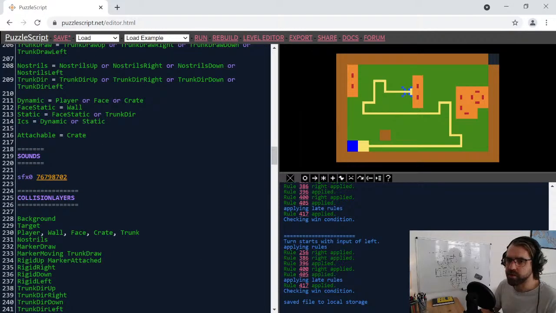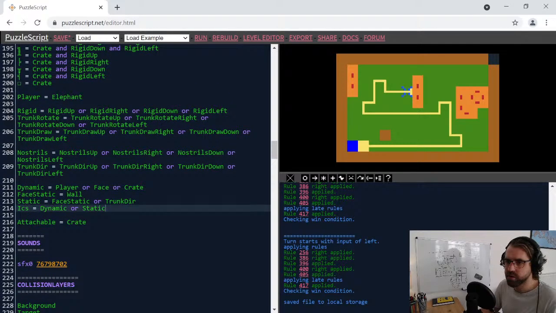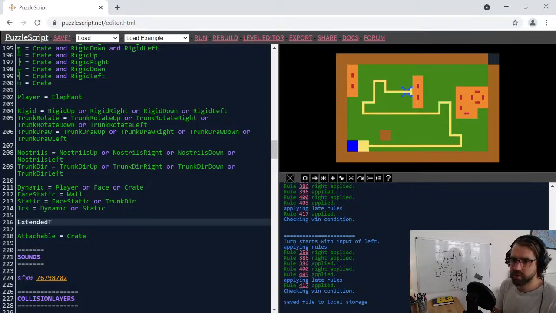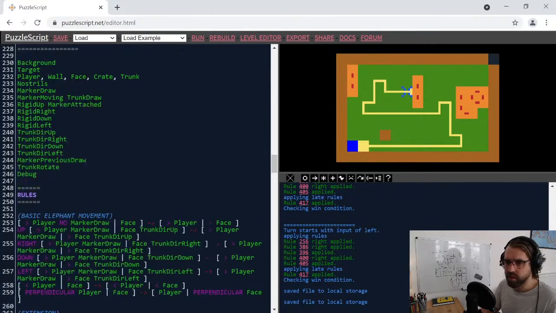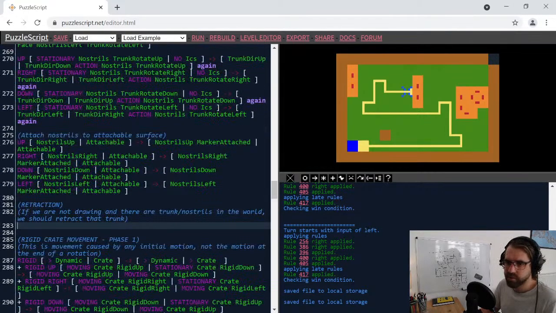I'll just put that in a group. Call it trunk. Did I decide that the face can't be part of it? I'll call it extended trunk. Trunk or nostrils. Okay, so if there's extended trunk in the world, then we need to retract.